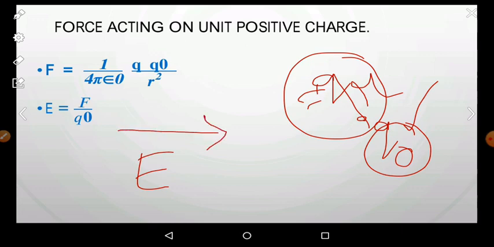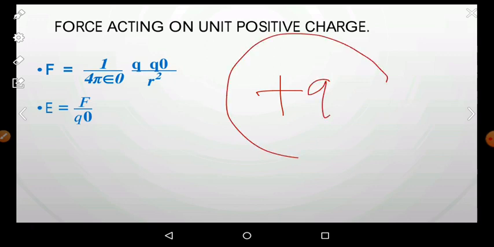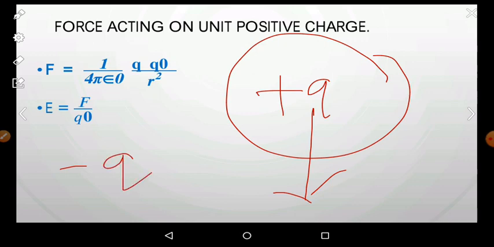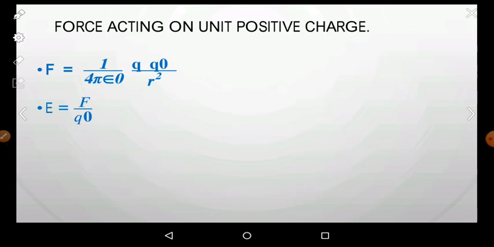This is the reason why we put an arrow mark here, because it has direction. If you consider a positive charge, plus Q, then the intensity of electric field is away from it, and if you consider a negative charge, the intensity is towards the charge, just like electric lines of force. So electric field, or intensity of electric field, is a vector quantity.